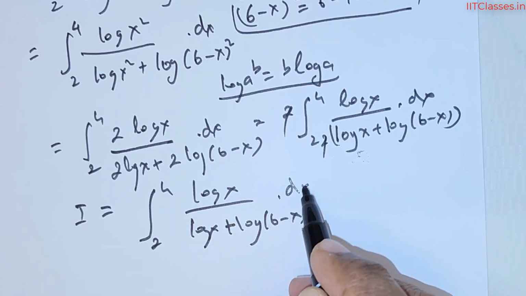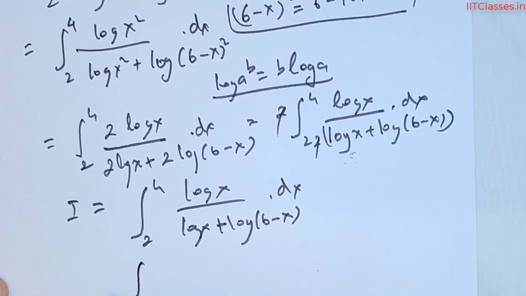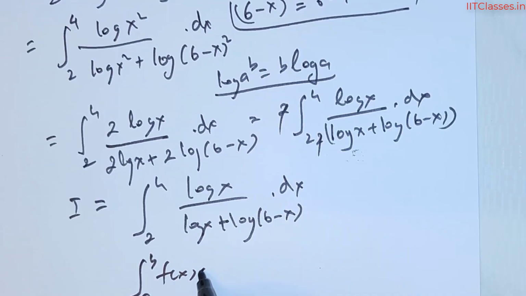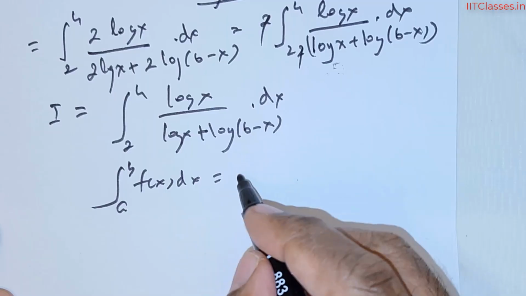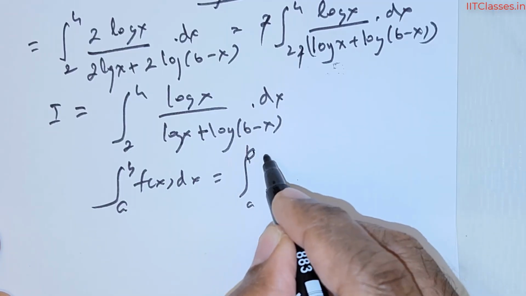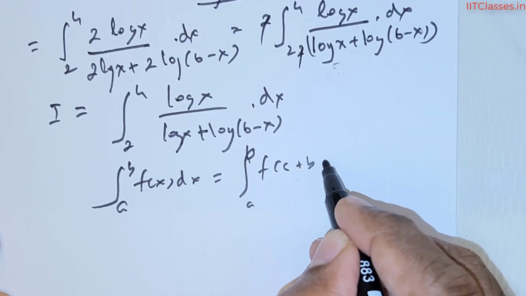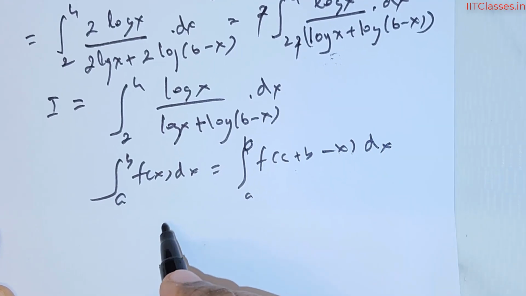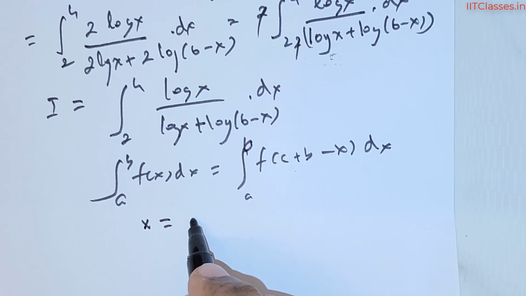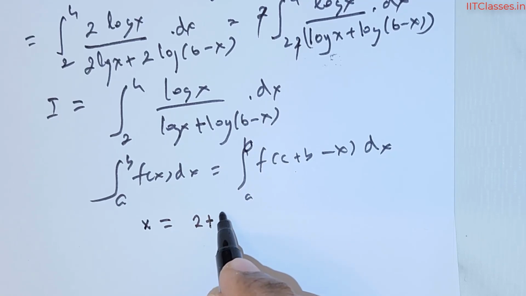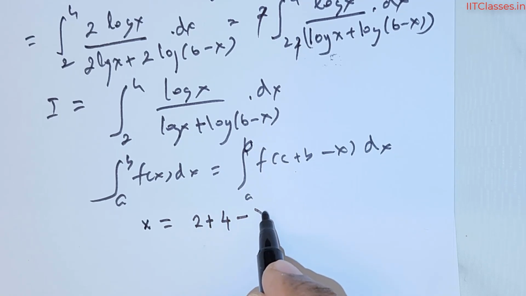Now we know a formula: the integral from a to b of f(x) dx is equal to the integral from a to b of f(a + b − x) dx. So wherever we have x, that x is going to be replaced by 2 + 4 − x.